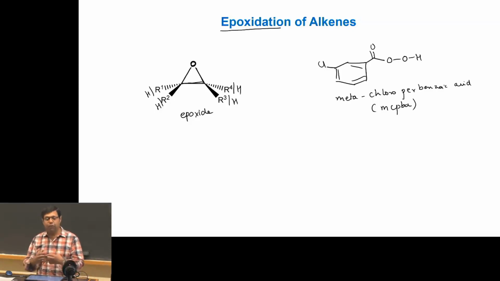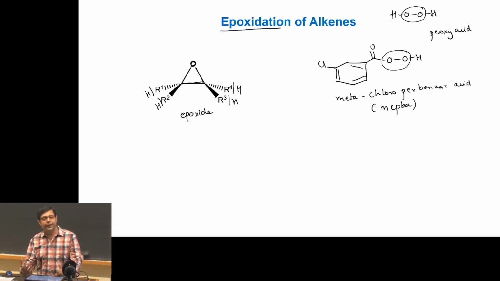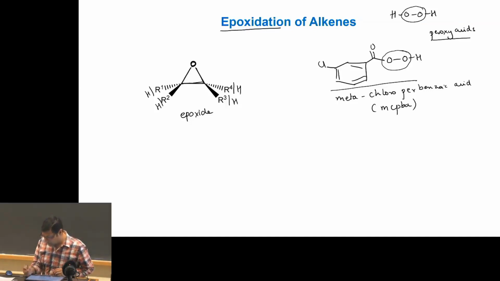Now this class of molecules are called peroxy acids. Peroxy because they have an OO linkage. If you remember, hydrogen peroxide is H2O2. Right? So this OO linkage is referred to as a peroxy linkage. So these class of molecules that have that linkage are called peroxy acids.